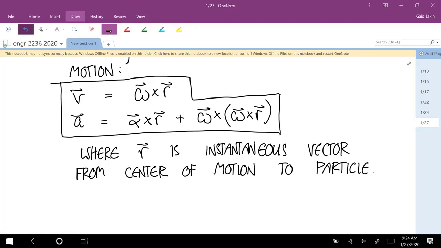Okay, and then the direction you had to do for yourself. If you're dealing with it in the XY plane, then it's just going to be in the positive Z or negative Z direction. Well, now these equations, it's the same formula, but doing it with the vectors and the cross product, it gives you the direction. You don't have to think about the right-hand rule and stuff. It'll do it for you.